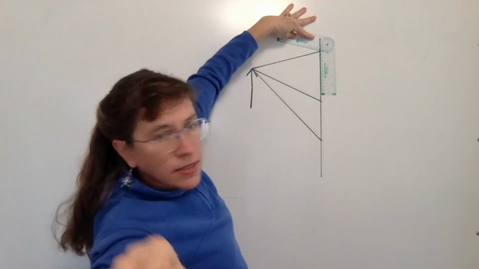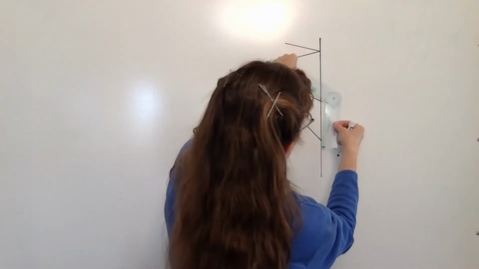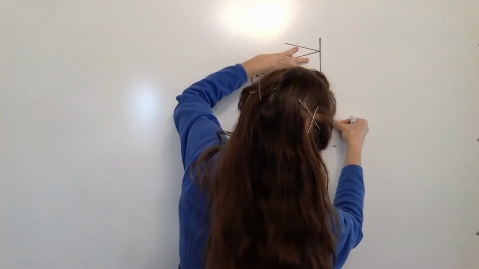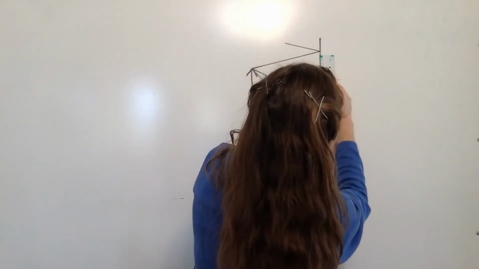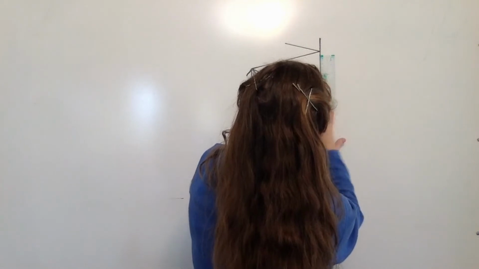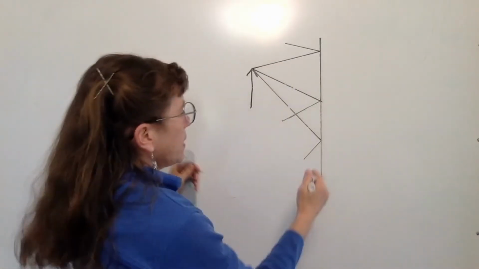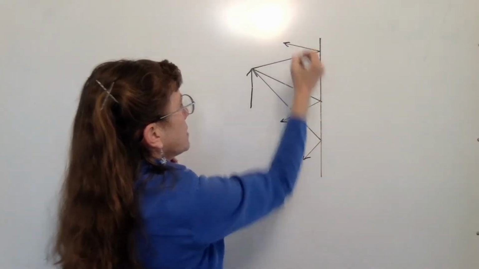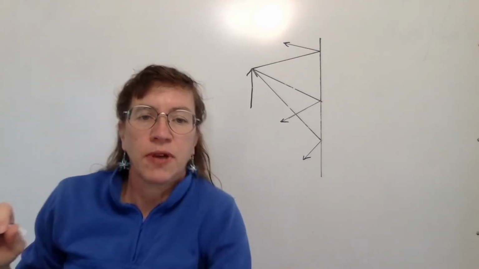You make sure everything is lined up correctly. One thing that is helpful is to put arrows on your rays, so that you can keep straight which are the incoming and which are the reflected rays.